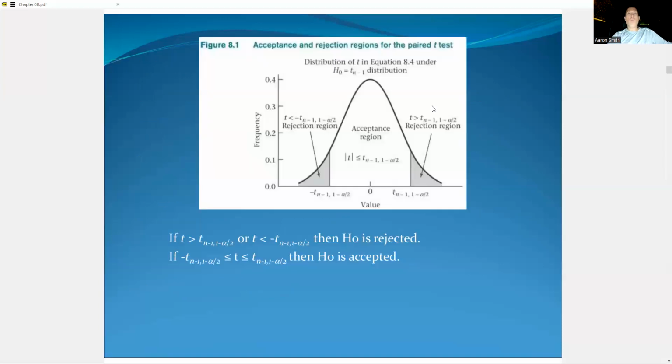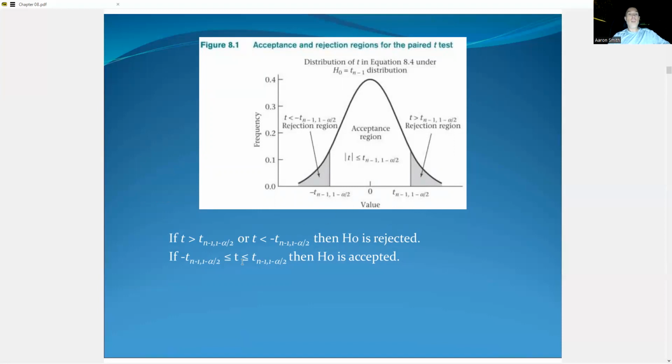All right, so what we're going to do is, if I see that t, the mean difference divided by s over the square root of n, is far to the left or far to the right in the shaded regions, we will conclude that there is a difference. Now, in this hypothesis testing, we say there is a difference or there is not. We don't specify which direction.